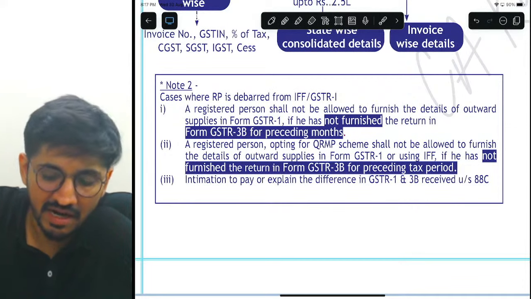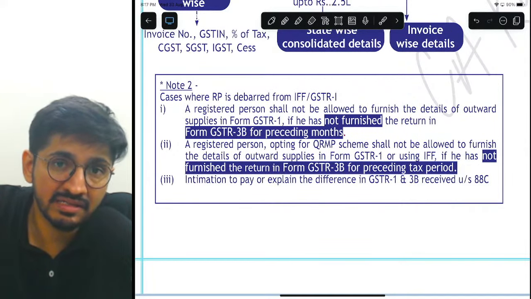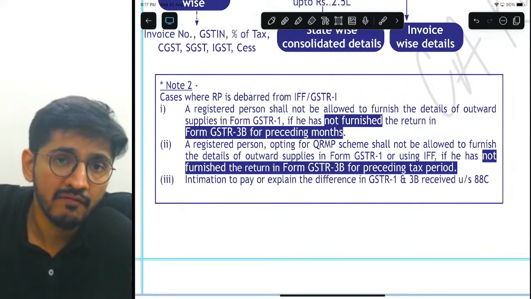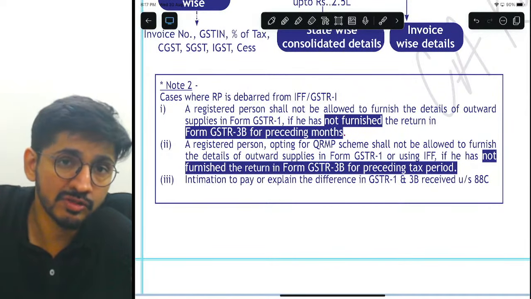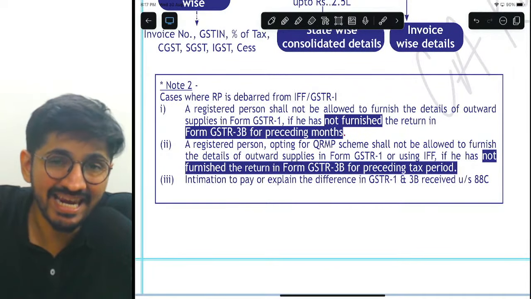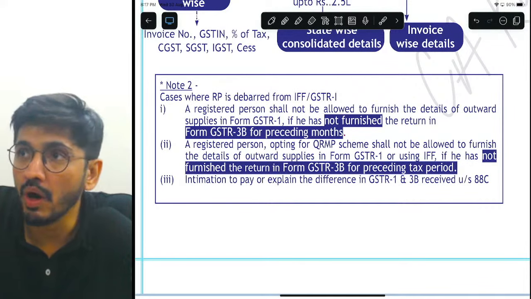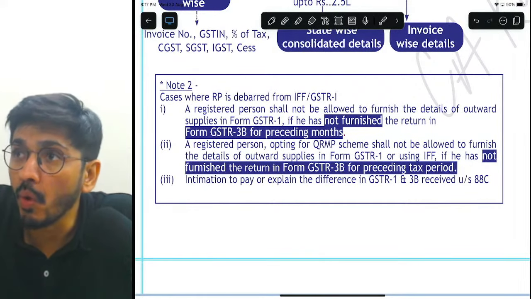So understand, this is the kind of pressure that the supplier will start facing from the recipient's end if he does not show the supplies in GSTR 1.